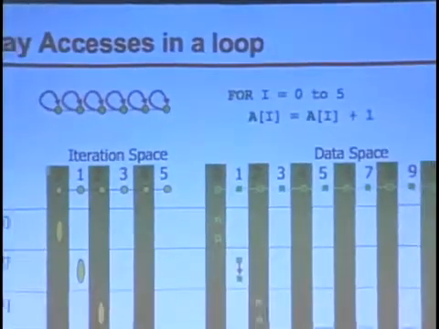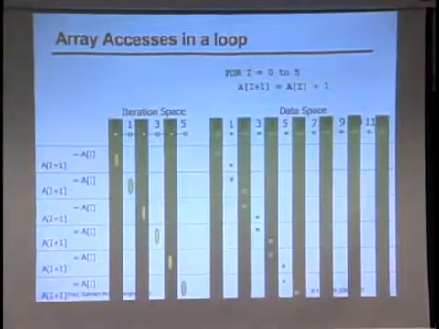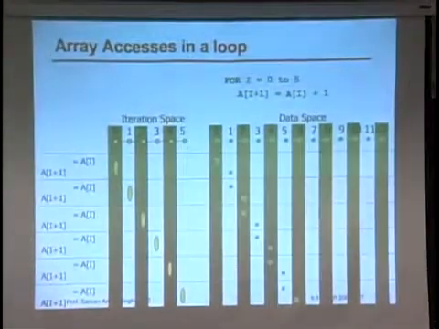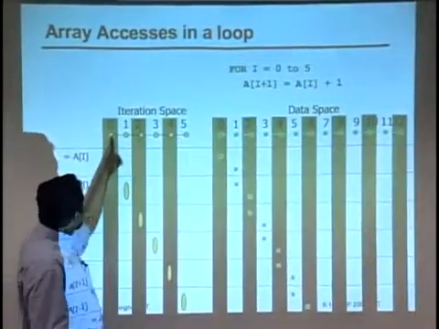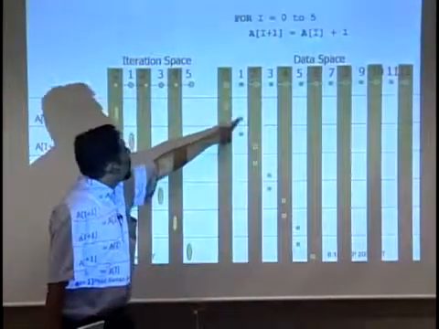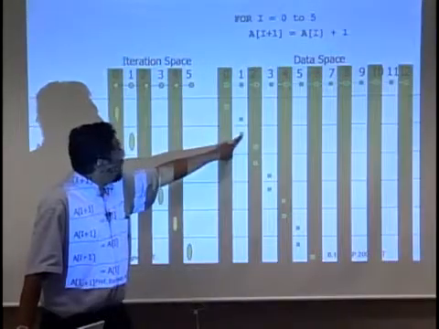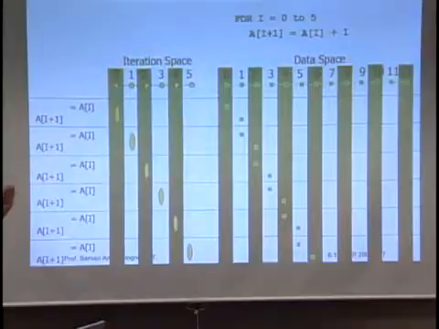Let's look at a different one. This one, I did A[I+1] = A[I]. So what you realize is in iteration 0, you read A0 and wrote A1, and in iteration 1, you read A1 and wrote A2, basically going there.